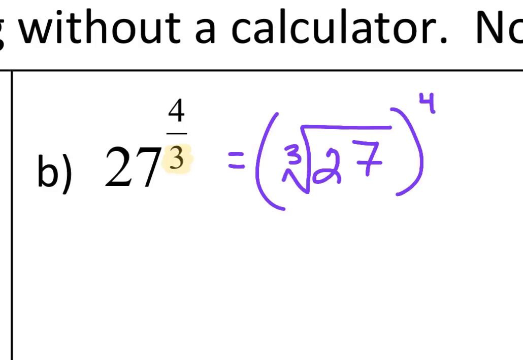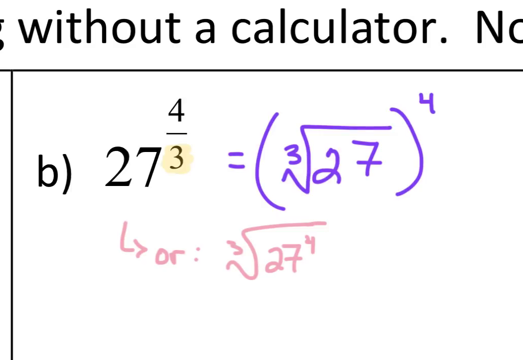Now, you could, if you really wanted to, do 27 to the 4th first. But because this isn't the calculator part of the test, I would never ask you to multiply 27 to the 4th power without a calculator. In fact, I probably wouldn't do it with a calculator either, just because it's a big, huge number for no purpose other than to make it a small number again.